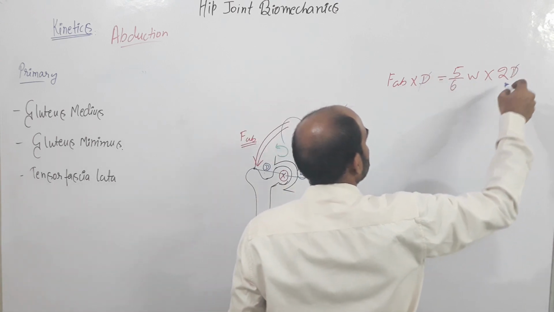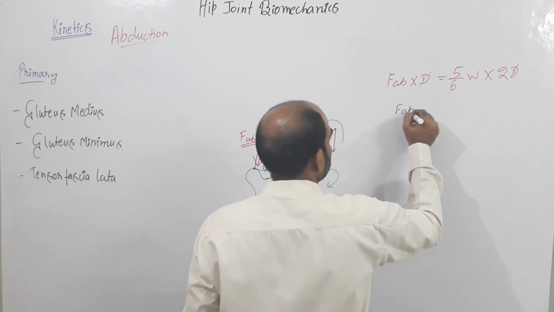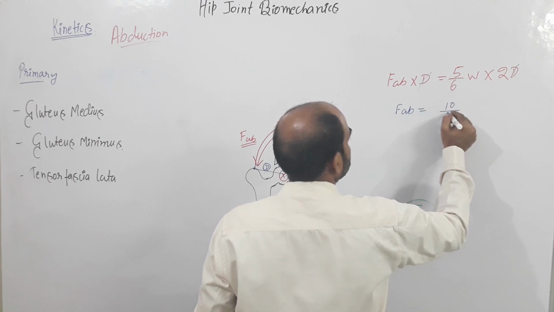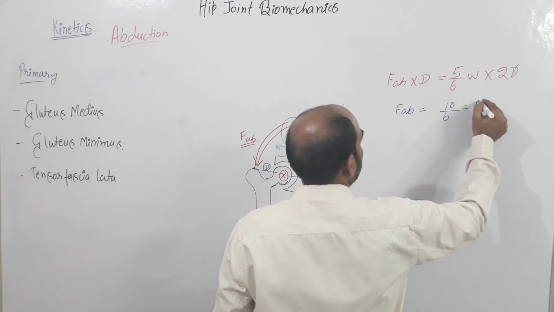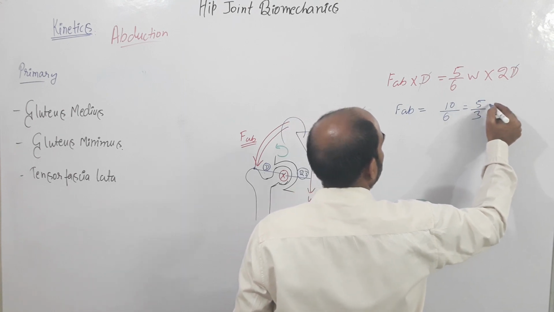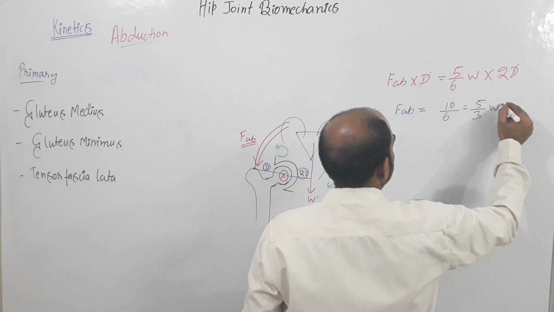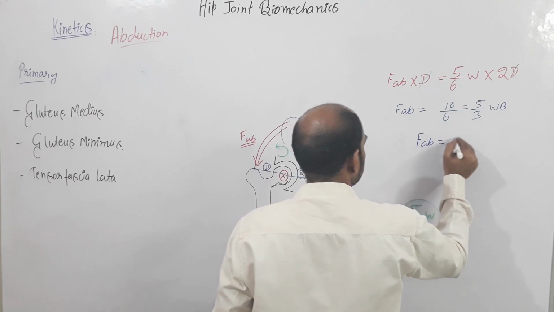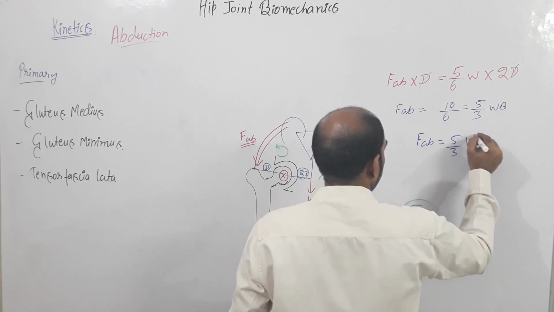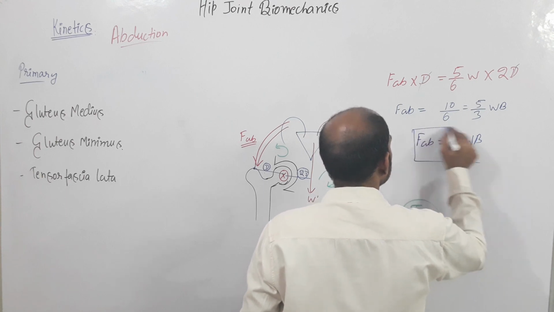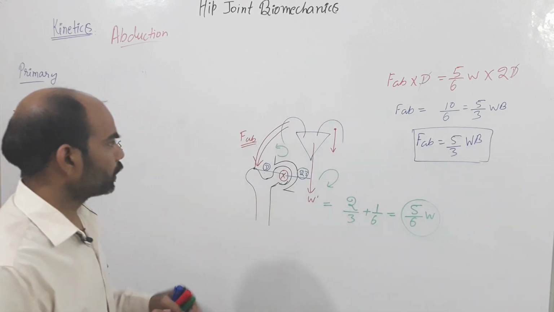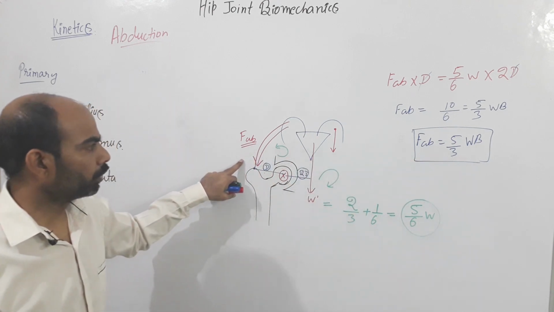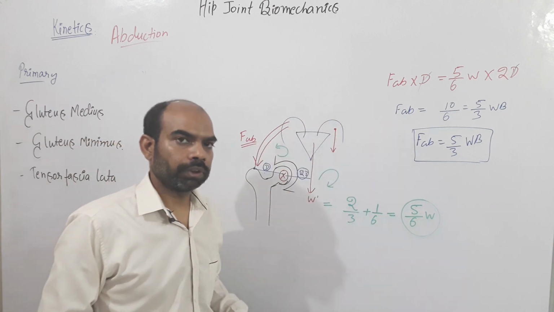D and D cancel, so the force of abduction is 10/6, or 5/3 of the weight of the body. The abduction muscles produce 5/3 times body weight force to maintain the pelvis in a neutral position.